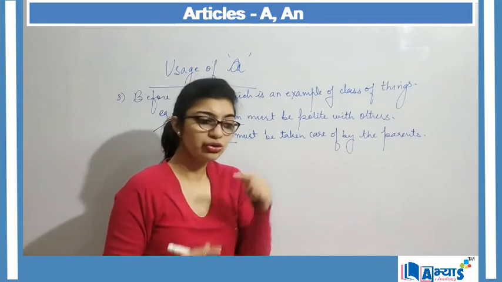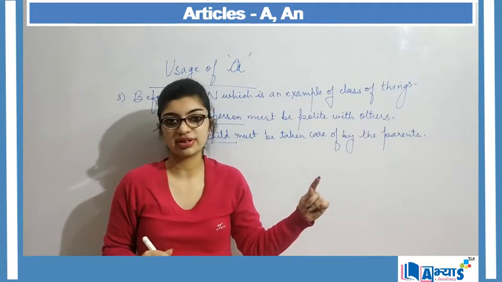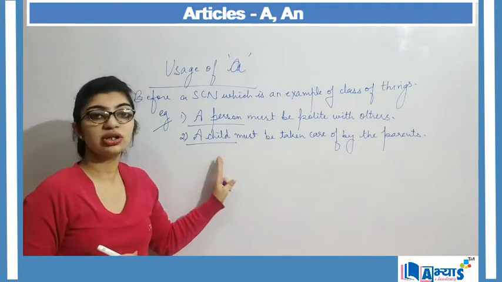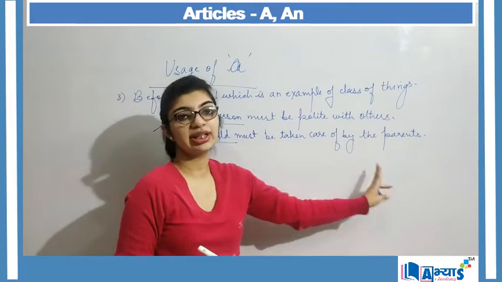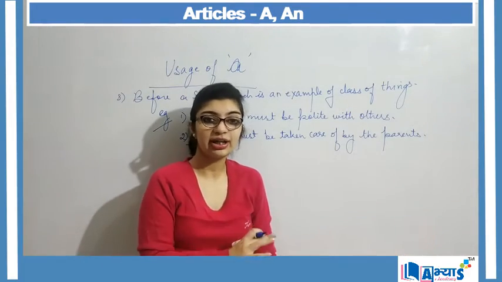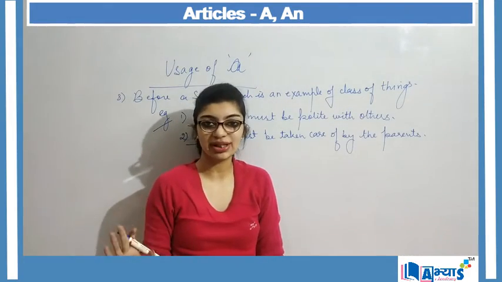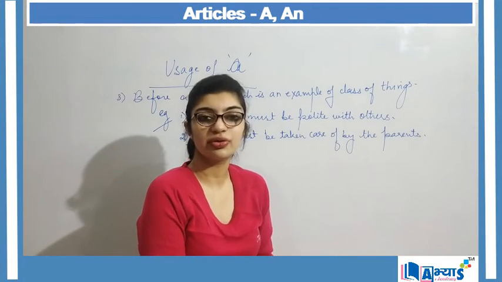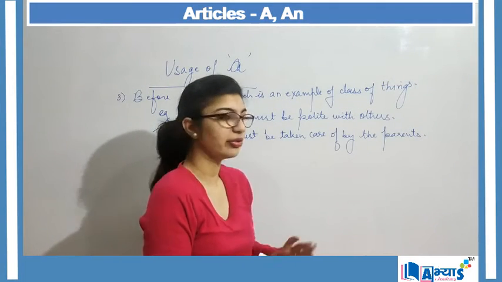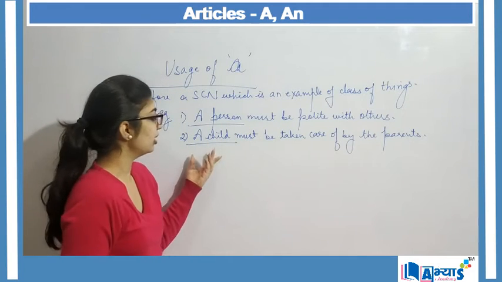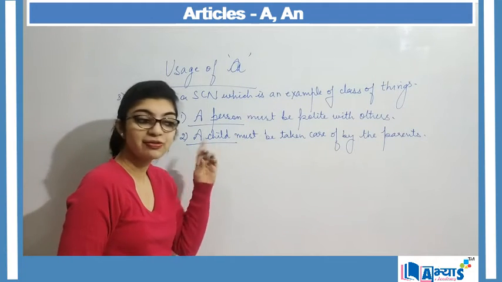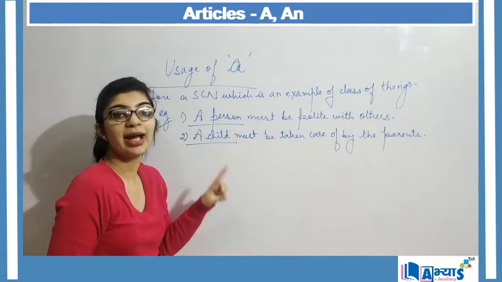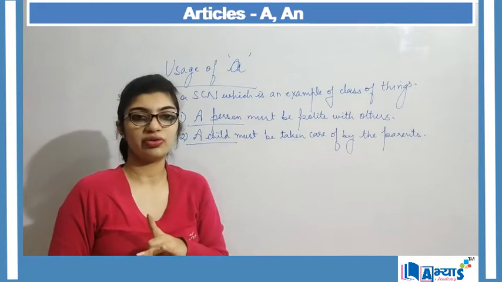I am referring to all the small children. So, all those small children must be taken care of by the parents. Here, I am basically trying to say that all the parents must take care of their children or of their child, right? So, here I am not just specifying a particular child, but I am referring to all the children, right?